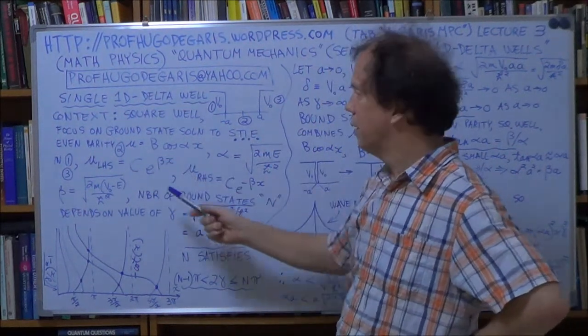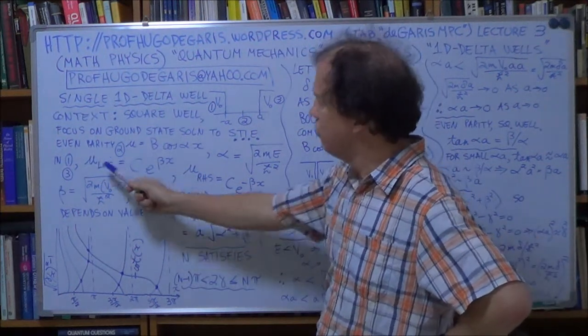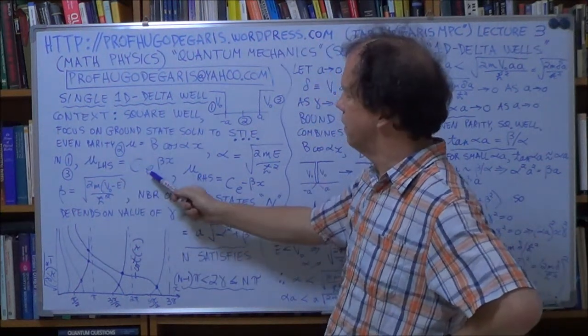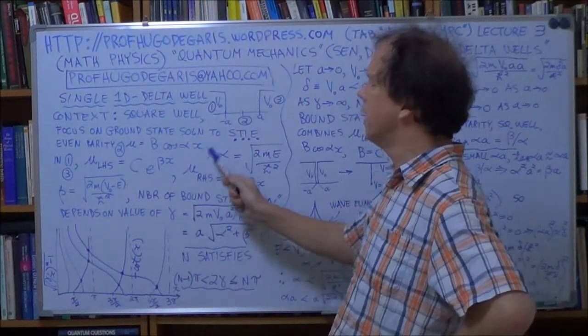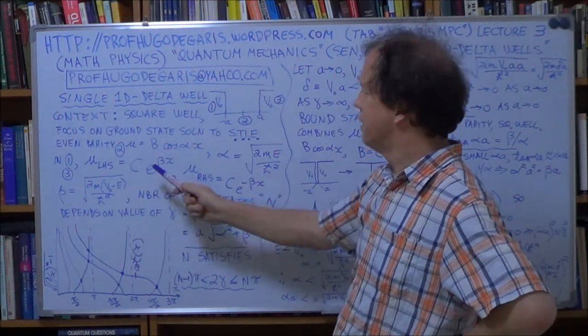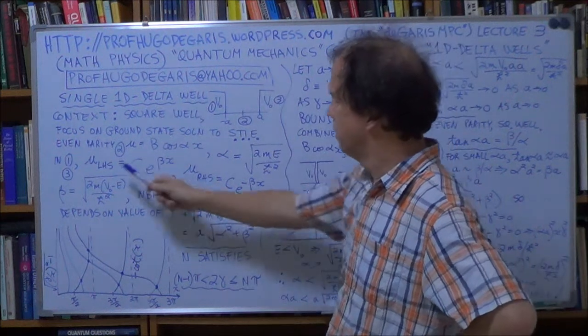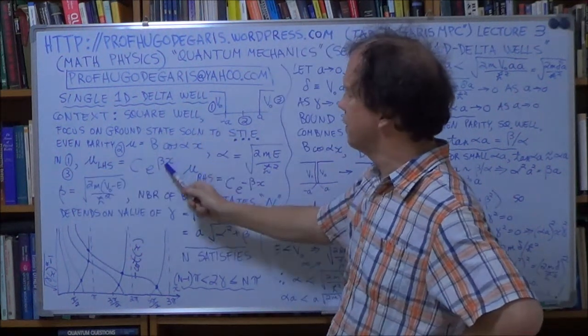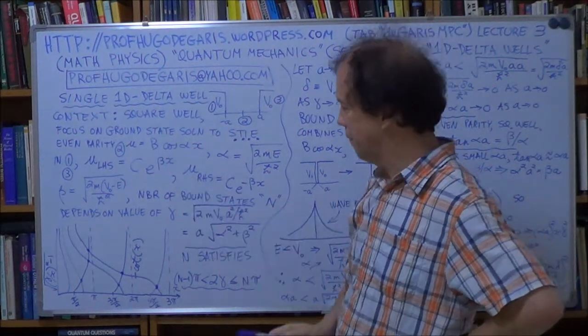Now this is all revision. The general form would be like C exponent something plus D exponent minus something. But we can eliminate the D on the right hand side because it blows up. Now remember, on the left hand side in region 1, x is negative, so this does not blow up, so that's okay.